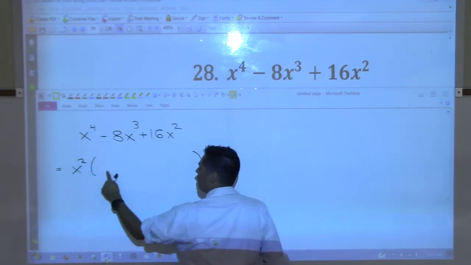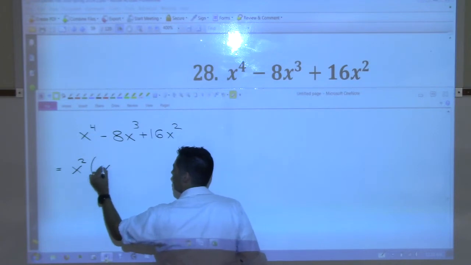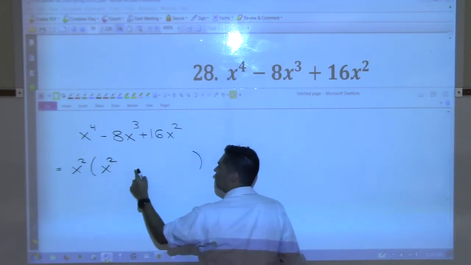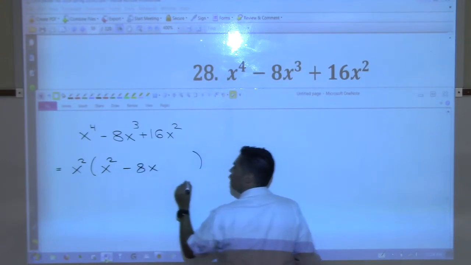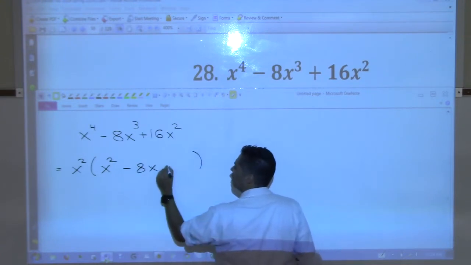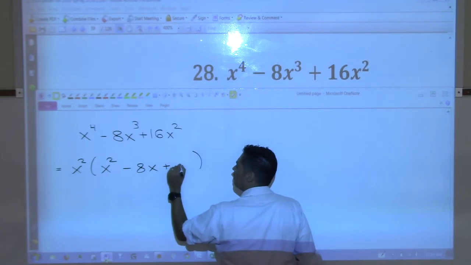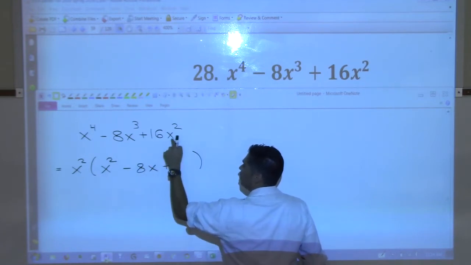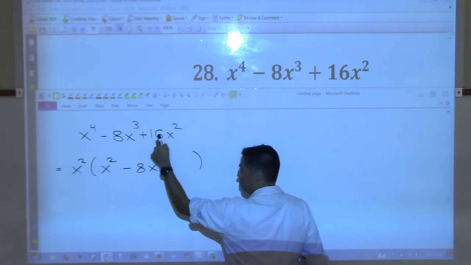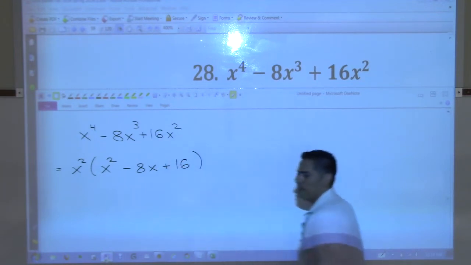So what would go here? X squared. X squared. And then here? Minus 8x. Good. And plus 2. We didn't pull the 8 though, right? So we just pulled the x squared. Okay, so just the whole 16. There you go, right?